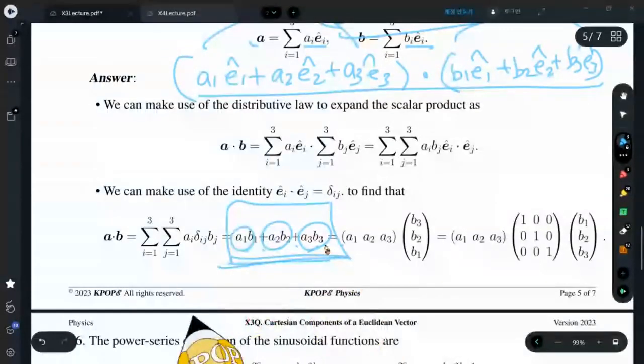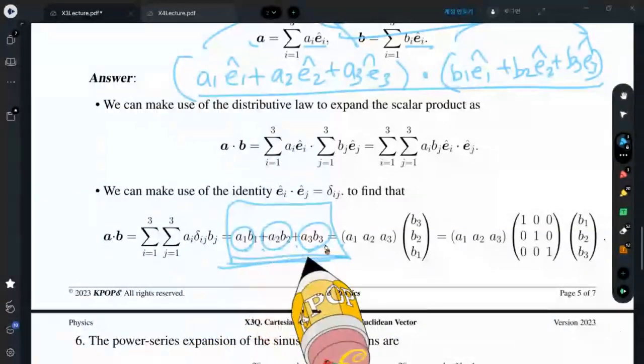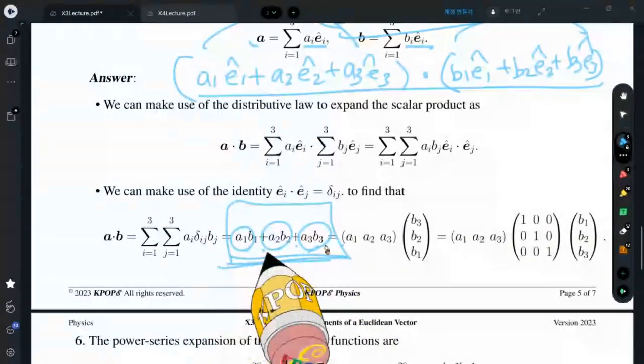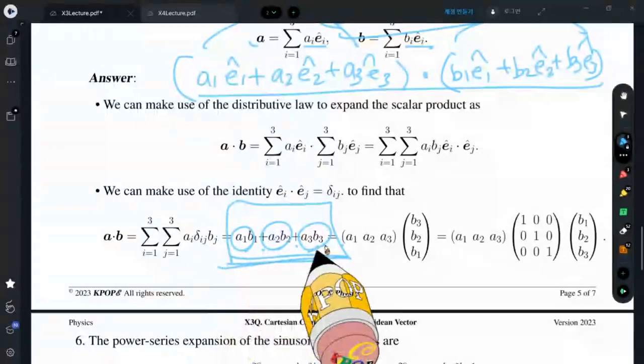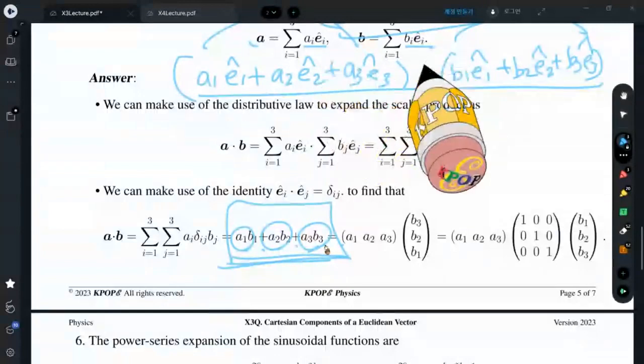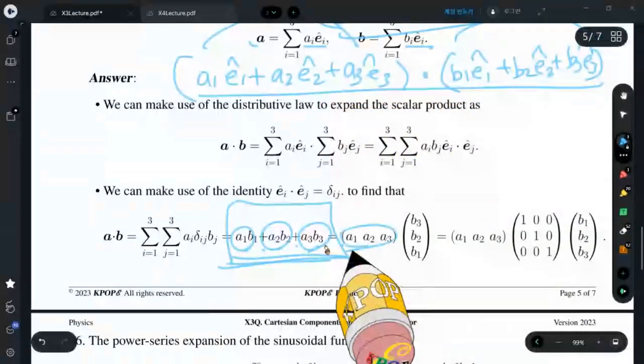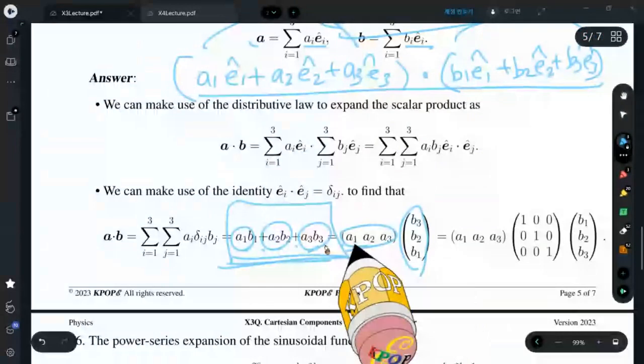And there is a shorthand to write down this kind of expansion. Using Descartes' Cartesian components, it is very simple to denote them in a form.